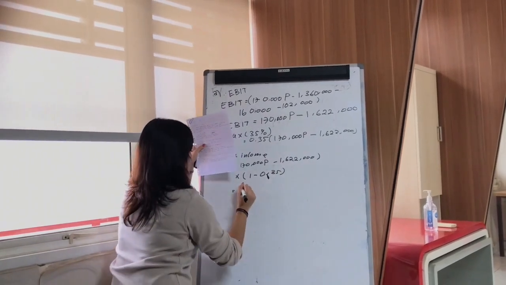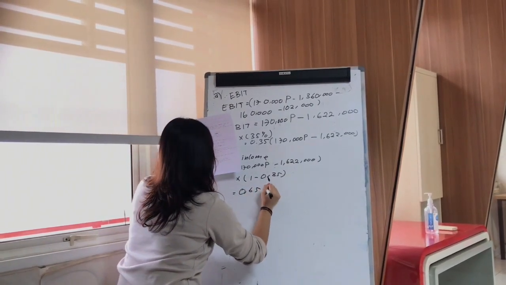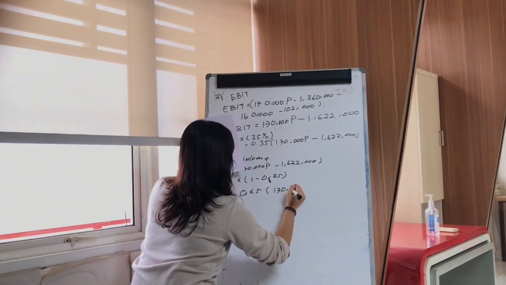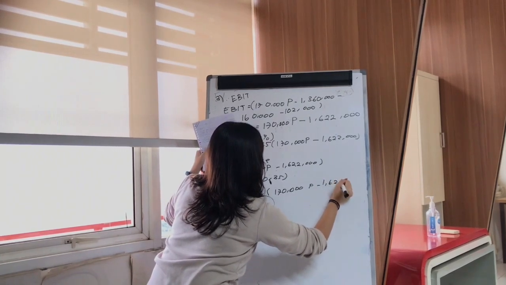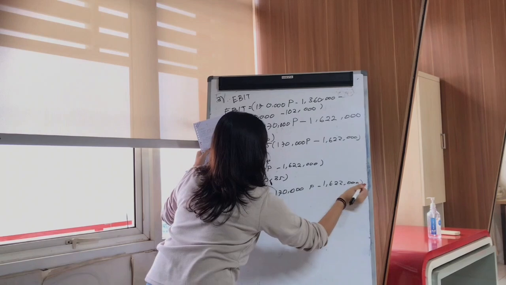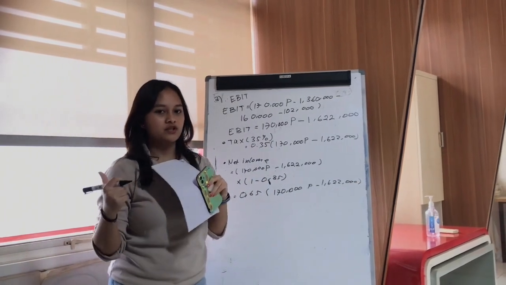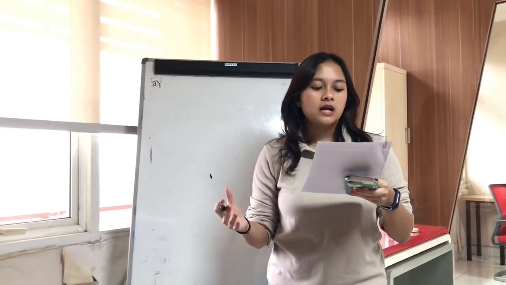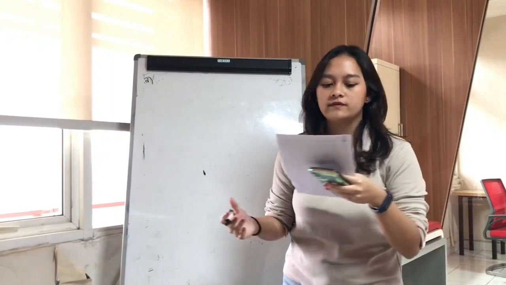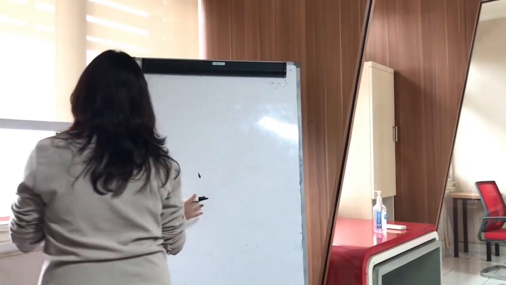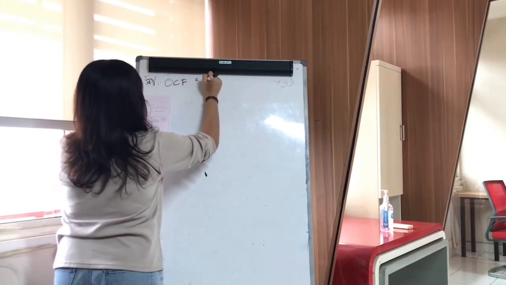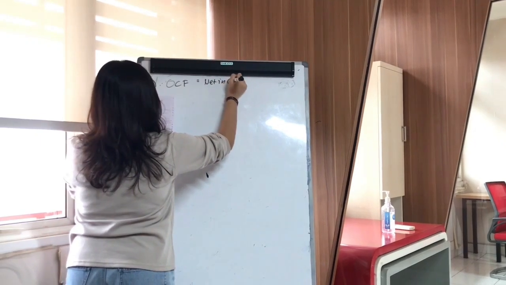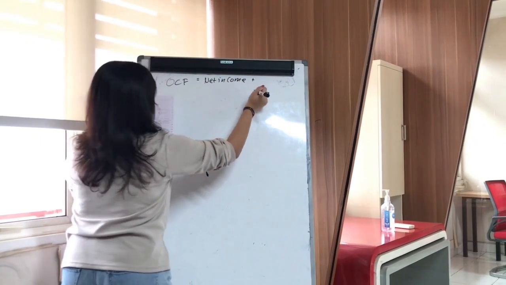Thus, we get 0.65 times 170P minus 1,622. Let's move on to the next one. Now that we already got net income and the other items, let's move on to the OCF, or the operating cash flow. For this, OCF is equal to net income plus depreciation.